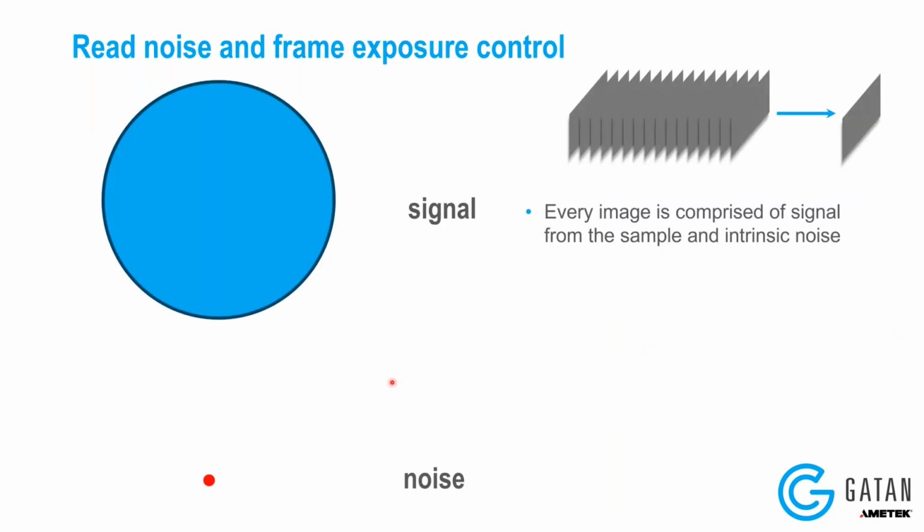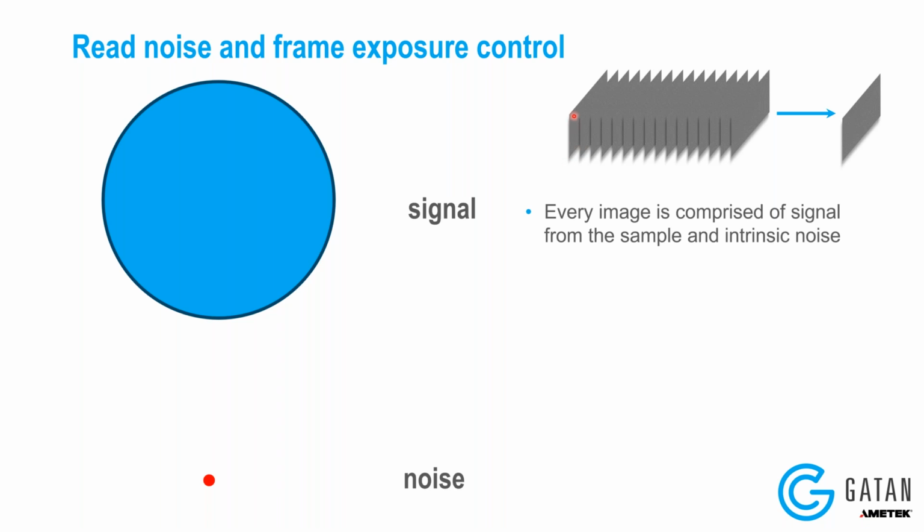So one thing that's important to understand as just background as we go into this discussion is read noise and how that affects your signal to noise in your images. So I talked about with the OneView, and the same holds true for the ClearView camera and essentially a lot of different CMOS cameras.